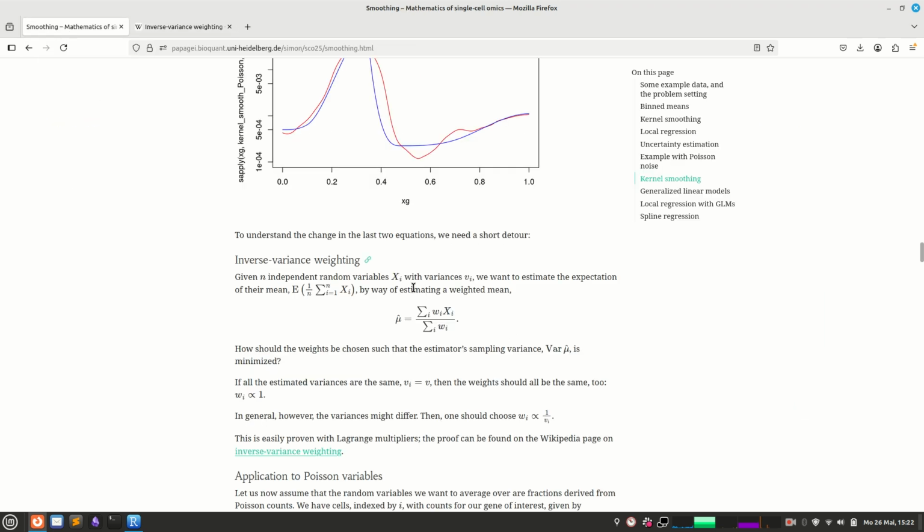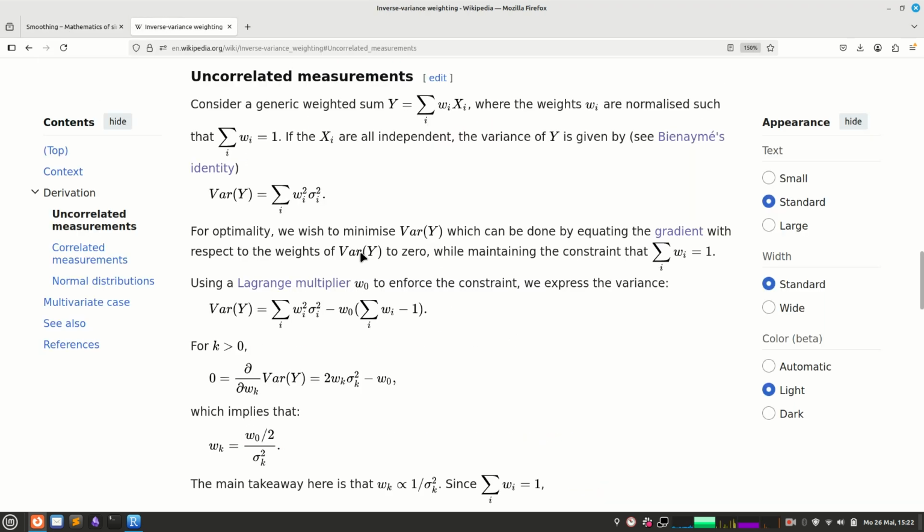You see, I have a denominator here. Wikipedia solves the problem by just stipulating that the denominator has to be 1. And then we can see that the variance of the sum is simply given by the sum of the variances of the individual values, each of them weighted by the square of the weight.